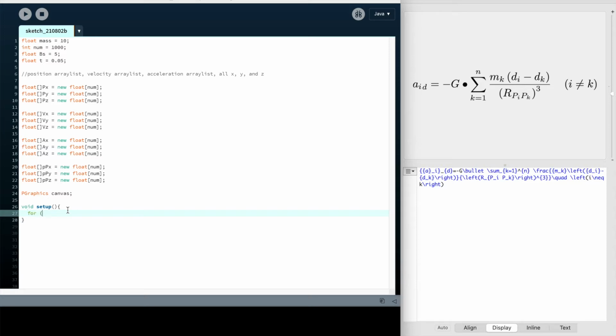So to do that, first of all, I'm going to make a for loop from 0. I'm going to loop it num times, so 1000 times. When you imagine it, first of all, the distance between each of the objects is going to be 100 in each dimension.